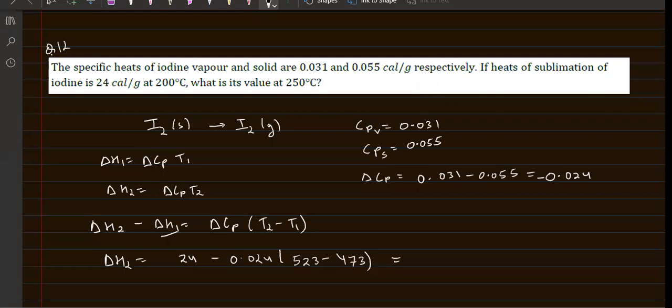So it would be like 50 into 0.024, it is 1.2. So 24 minus 1.2 will be 22.8, right? And since it is in calories, it will be calorie per gram. Got it, everyone? Everyone got this? Tell me, everyone. Yes? Okay. So question number 12 done. Pranjal?